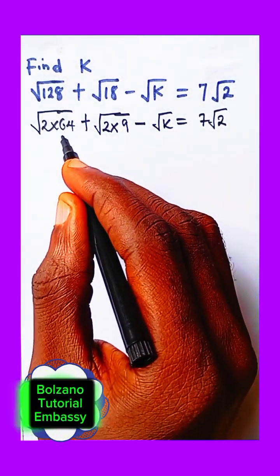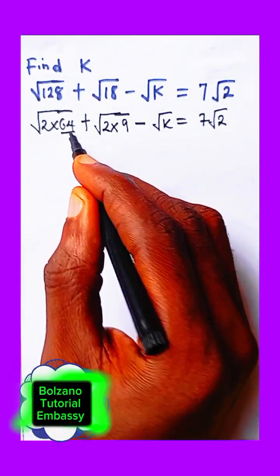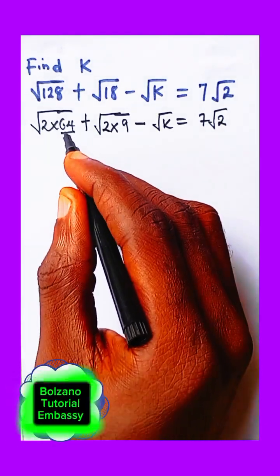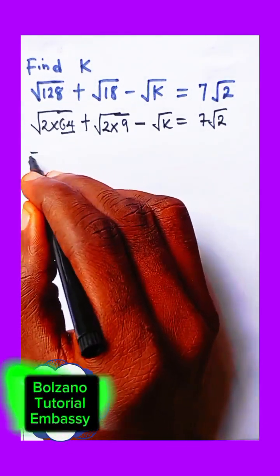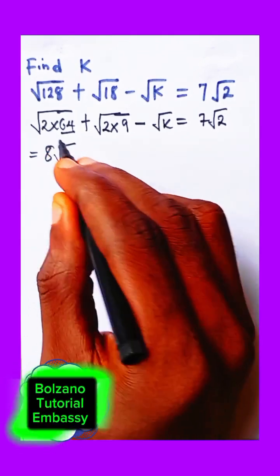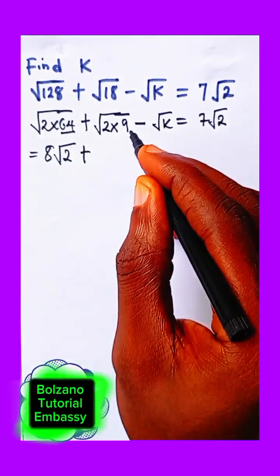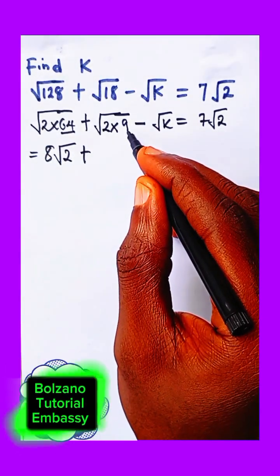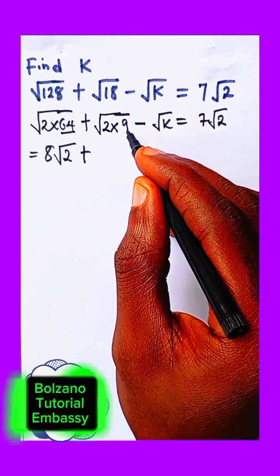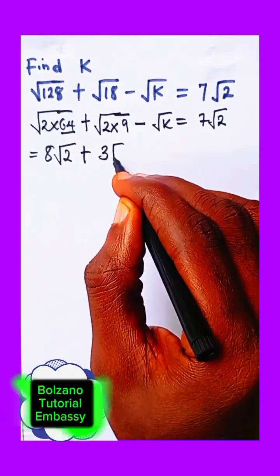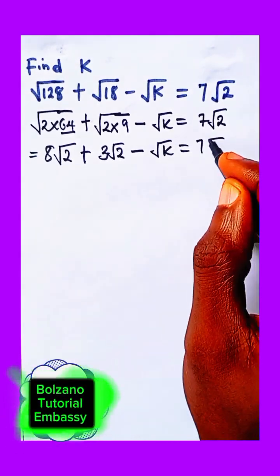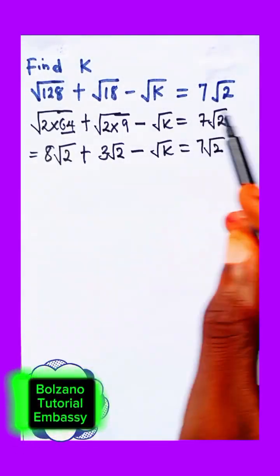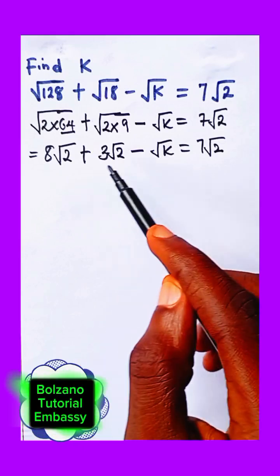Notice that 64 is a perfect square, hence the square root of 64 is 8, so we can express it as 8 root 2. Plus, 9 is a perfect square, and the square root of 9 is 3. So this gives us 3 root 2 minus root k equals 7 root 2. We have succeeded in reducing these roots to the simplest form.